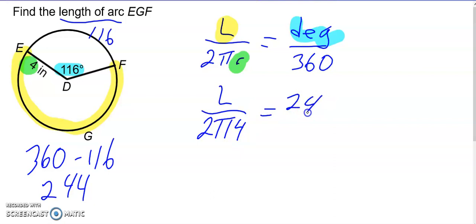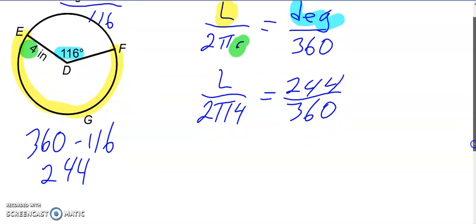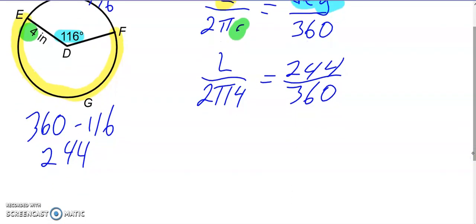So we're going to say L over 2 times pi times 4 is the same as 244 degrees over 360. I'm going to tighten up my 2 pi times 4 to 8 pi, so L over 8 pi. Then I'm going to reduce 244 over 360, and that's going to be 61 over 90.